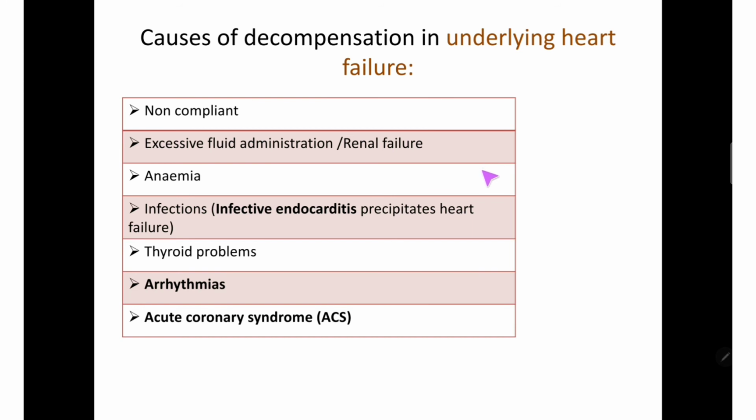Also, anemia is a cause of decompensation. Infections, mostly infective endocarditis, can precipitate heart failure. Thyroid problems can cause heart failure, and arrhythmia can also be a major cause. And ACS, acute coronary syndrome presentations, can be a cause of decompensation for the patient to go into acute decompensated heart failure.